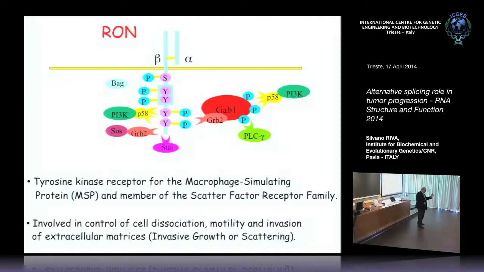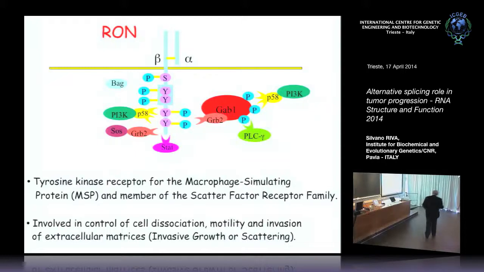By the way, the acronym RON is a French one, derives from Récepteur d'origine nantaise. This receptor is involved in cell dissociation, motility, invasion. It's involved also in natural processes like organogenesis, wound healing. Okay, when you cut your skin, then it heals. And this receptor is involved.